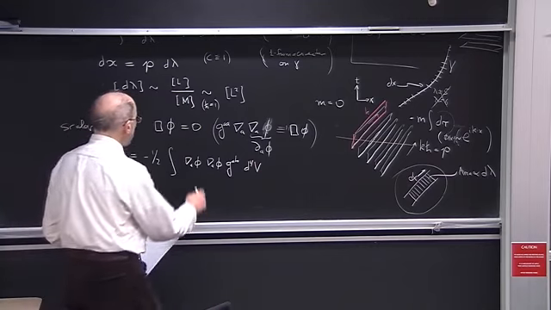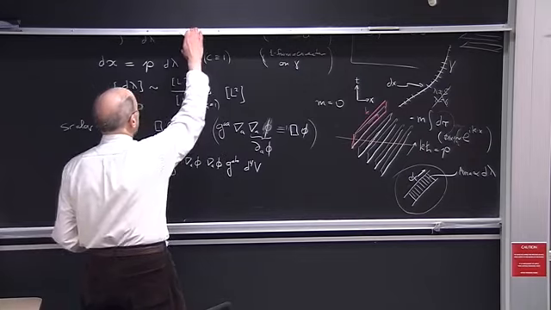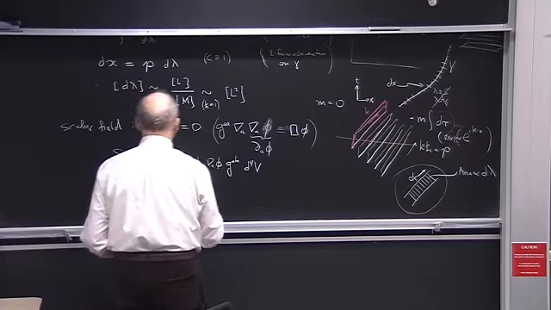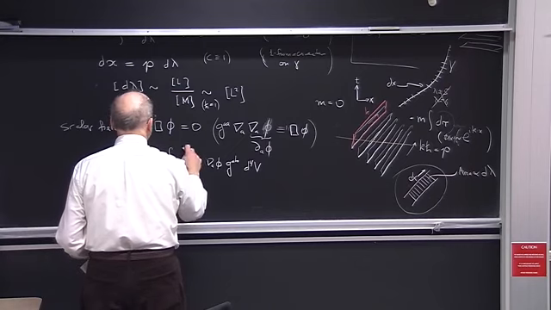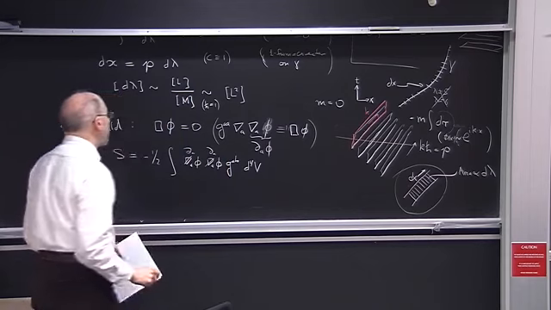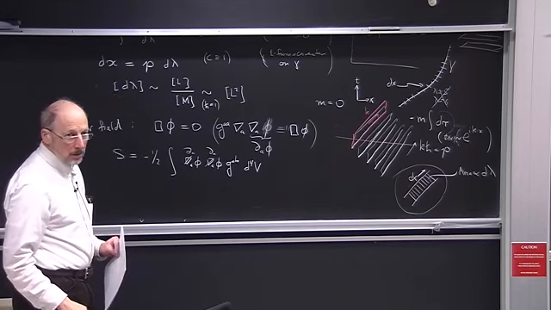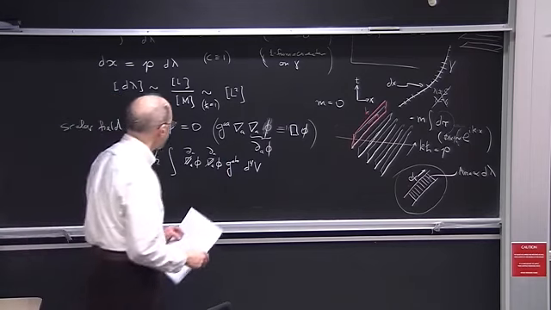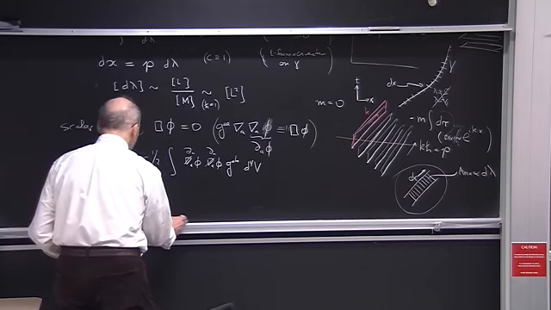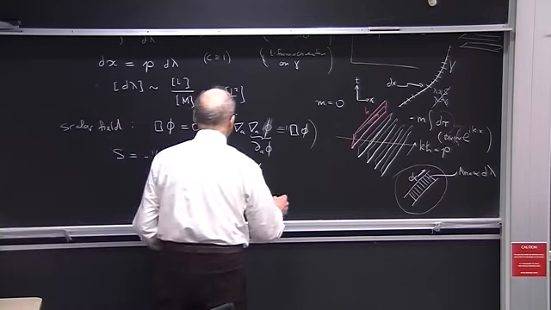So here, of course, I wrote it as if I did have the covariant derivative, but these are just gradients, so I could really just write this as gradient A and gradient B. And then there's no covariant derivative there at all. Okay? This is in the massless case, of course.